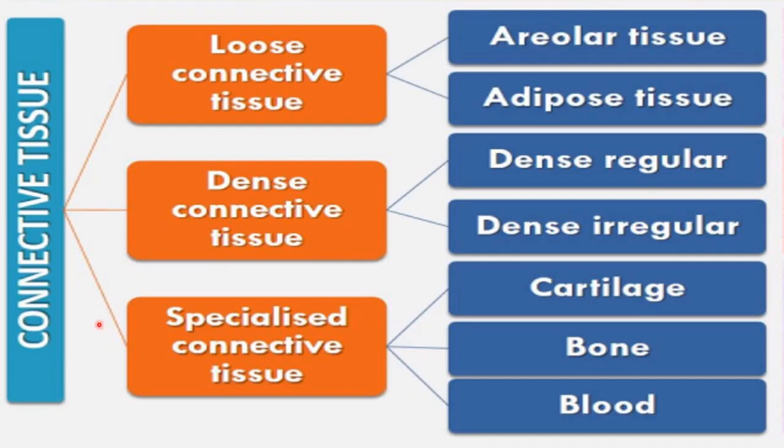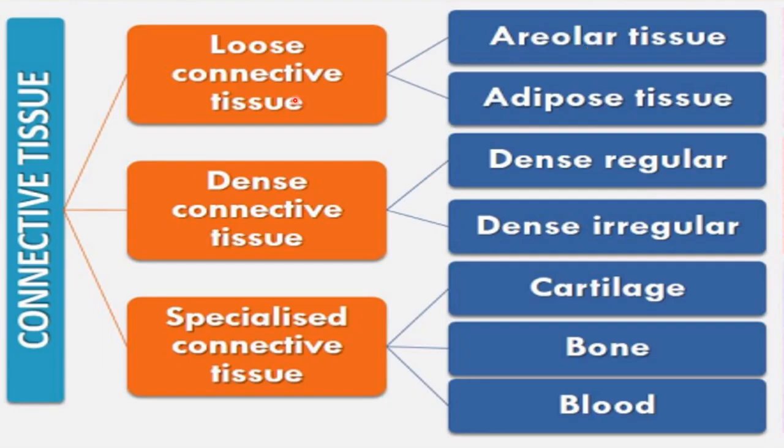Now let's see how many types of connective tissues are present in complex animals. So there are three main types of connective tissues which are found in complex animals, and these are loose connective tissue, dense connective tissue and specialized connective tissue. We will study about all these. So loose connective tissue is further of two types, areolar tissue and adipose tissue.